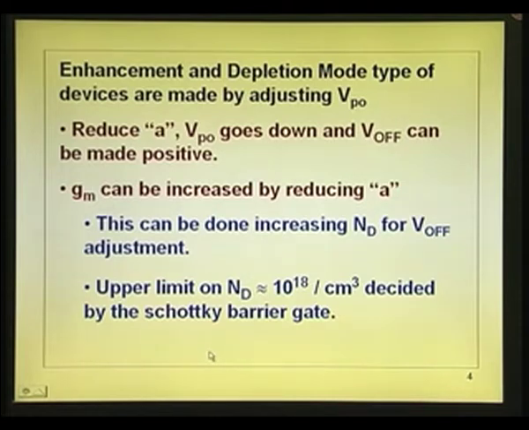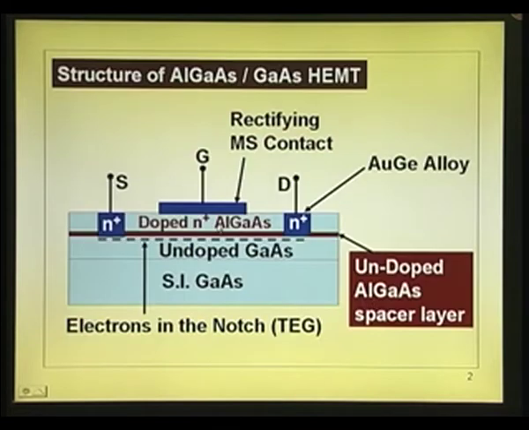What is the upper limit? Schottky barrier diode. See, after all, just see this doping we are talking of. Reduce the thickness, but increase the doping, so as to keep the pinch off voltage same. But the upper limit is the Schottky barrier. If you go to doping concentration 10^19, you will not have a Schottky barrier. You will have a bad Schottky barrier, leaky diode, and close to ohmic contact.